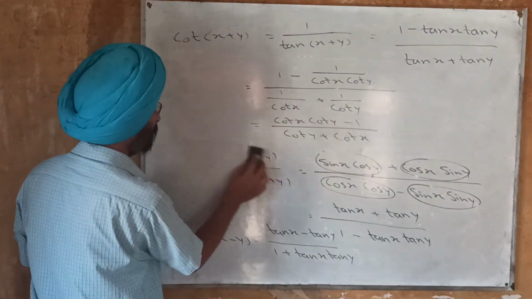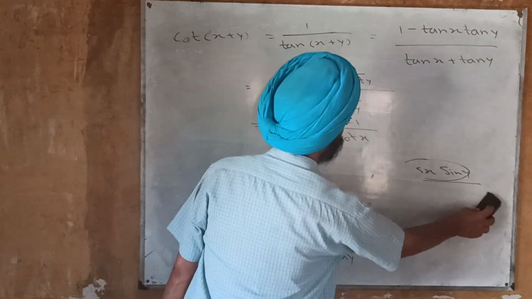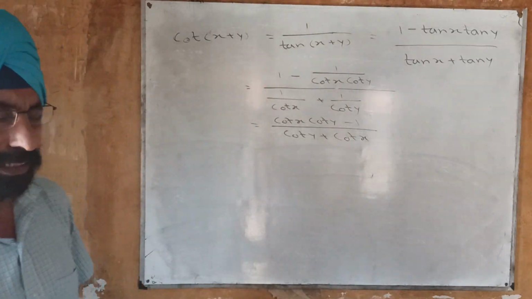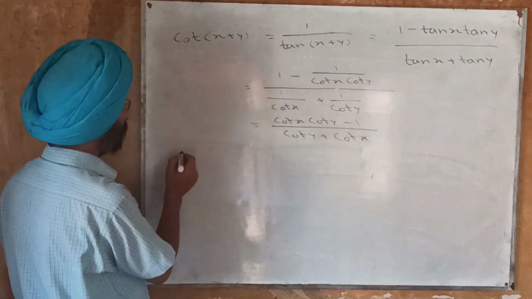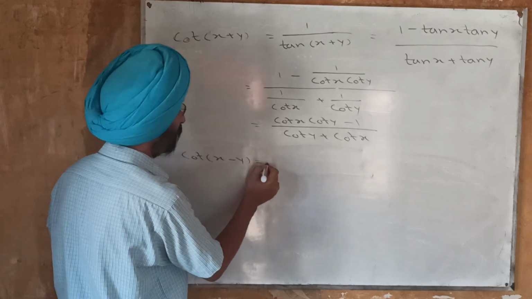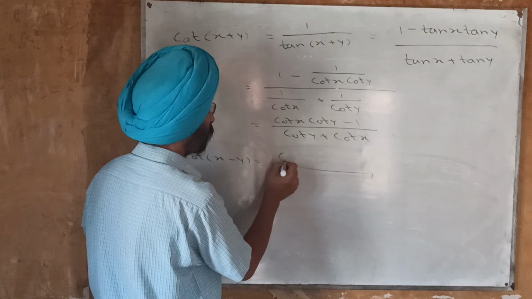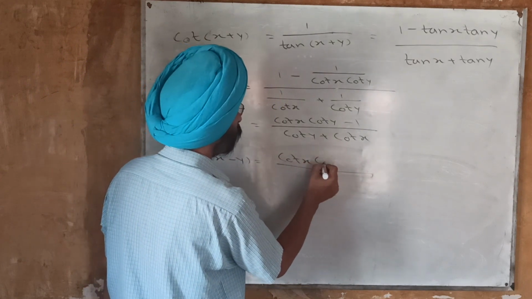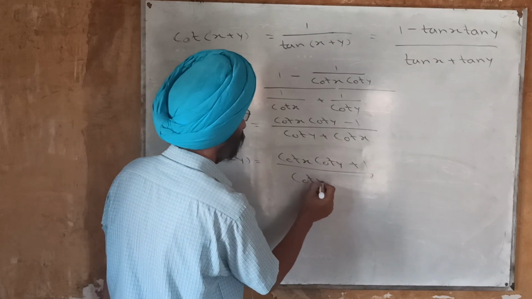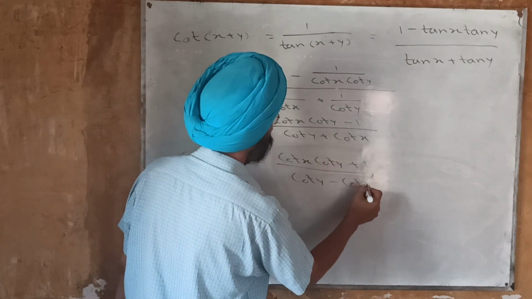And on the same lines, you can derive the formula for cot x minus y, and for cot x minus y, the final result you will get is cot x cot y plus 1 over cot y minus cot x.